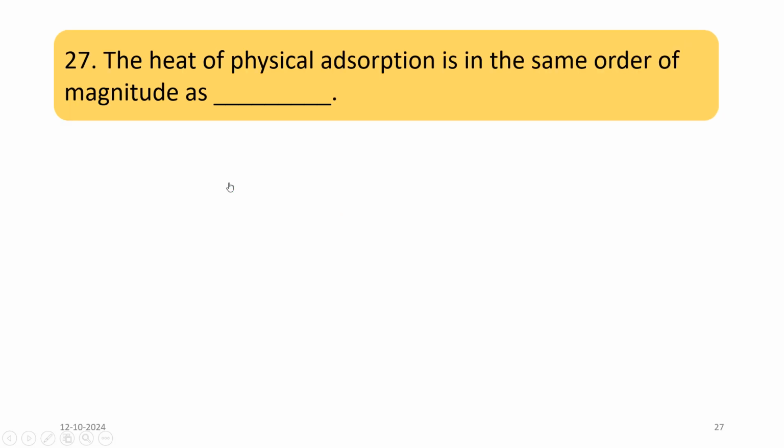Next, the heat of physical adsorption is in the same order of magnitude as dash. Fill in the blanks.